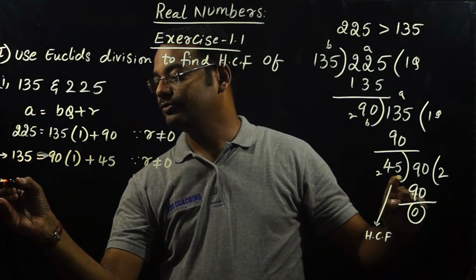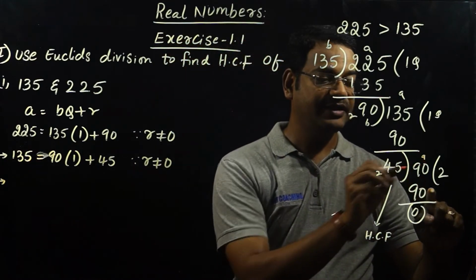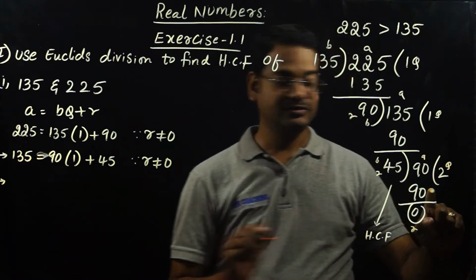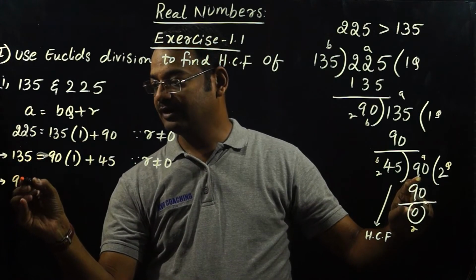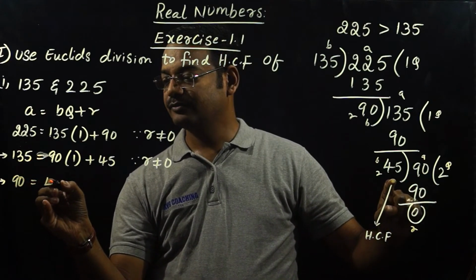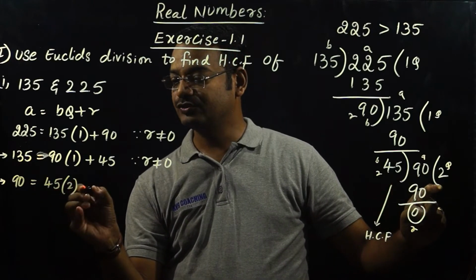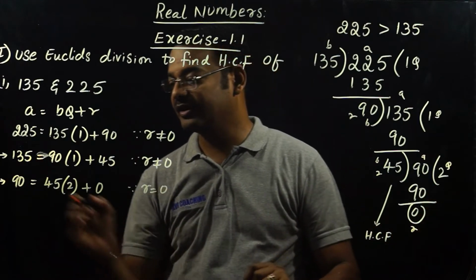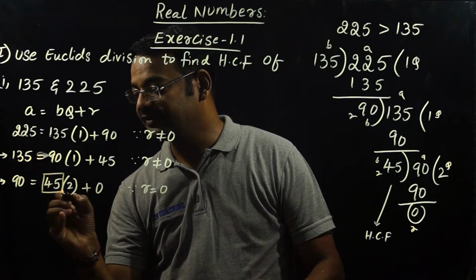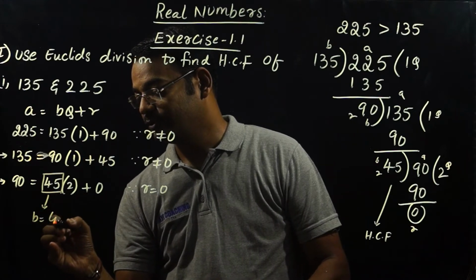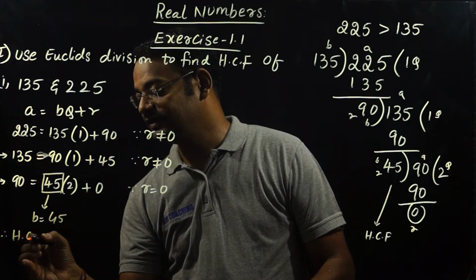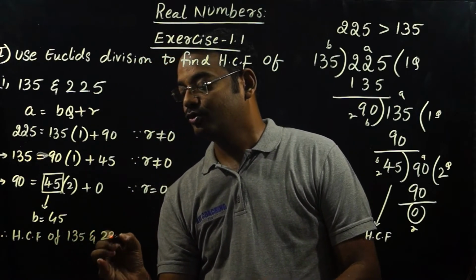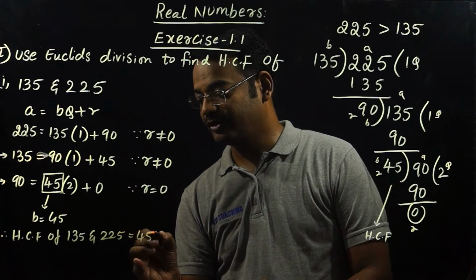Again we'll proceed to the next step where a is 90, b is 45, q is 2 and remainder is 0. Now since remainder is equal to 0, we'll stop the algorithm here and take the b value as the HCF. The b value is 45. Therefore HCF of 135 and 225 is equal to 45.